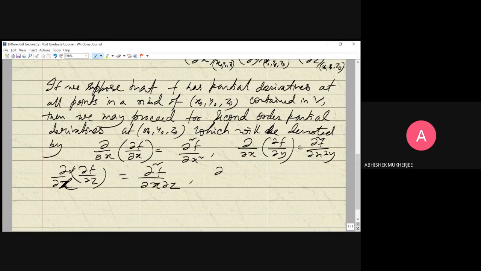Similarly, del y of del f del x is del square f del y del x, and so on and so on.